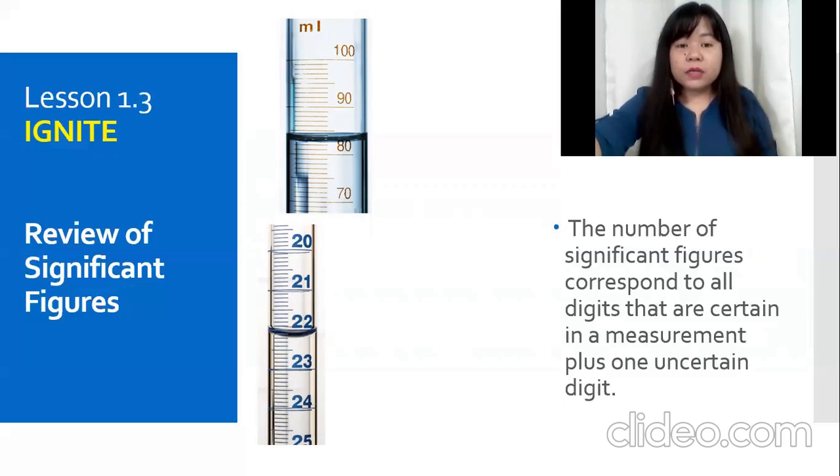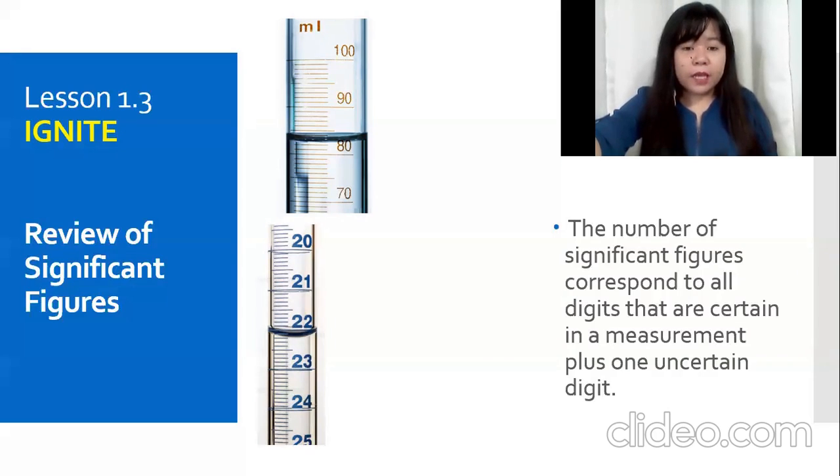Looking at the lower meniscus, we can see that this glassware has already dispensed around 22.2 ml. Notice also that the smallest graduations correspond this time not to 1 ml, but to 0.1 ml. We can say, therefore, that this is a more specific or accurate measuring tool.